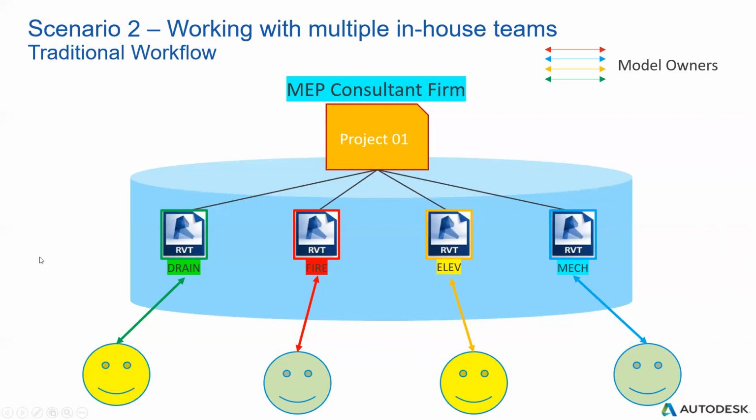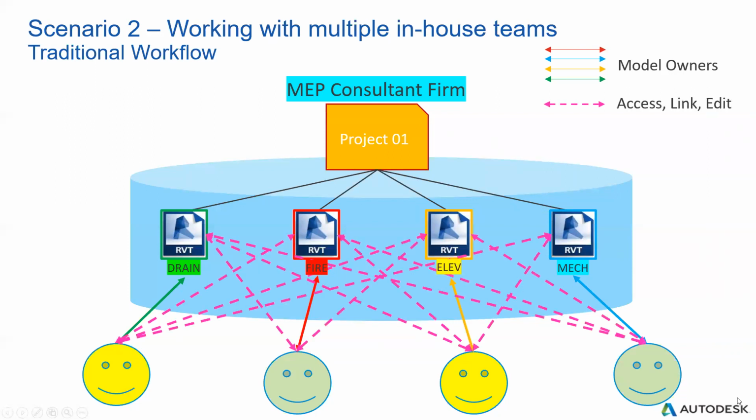For now, it looks quite simple, right? However, when they have to link each other's files, the relationship becomes very complicated, because, for example, this drainage has to link the fire, link the electricity, link the mechanical inside this company drive.